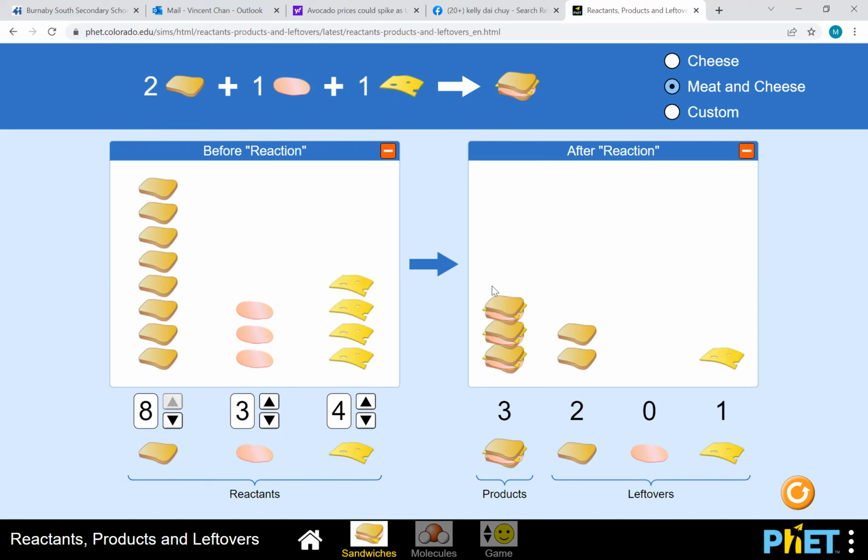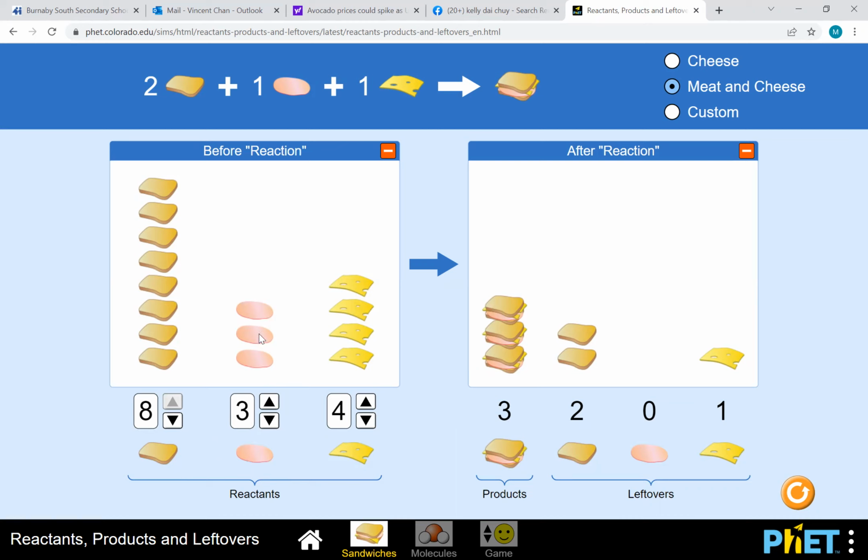Notice the amount of sandwiches that we can make was 3, because the meat determined the maximum amount of sandwiches we could make. In this case, the meat is the limiting factor.